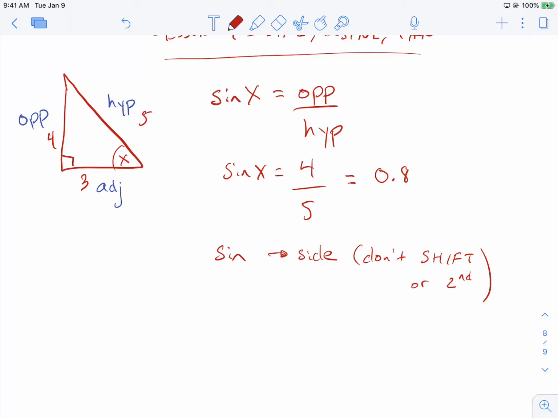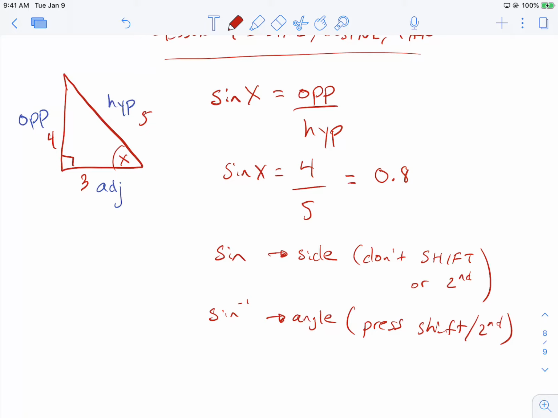If you are solving for a side, you don't want to press shift or second. But here we are solving for an angle. So we're going to use something called sine -1. And to get that, if we're solving for an angle, you need to press shift or second function to bring up that sine -1.